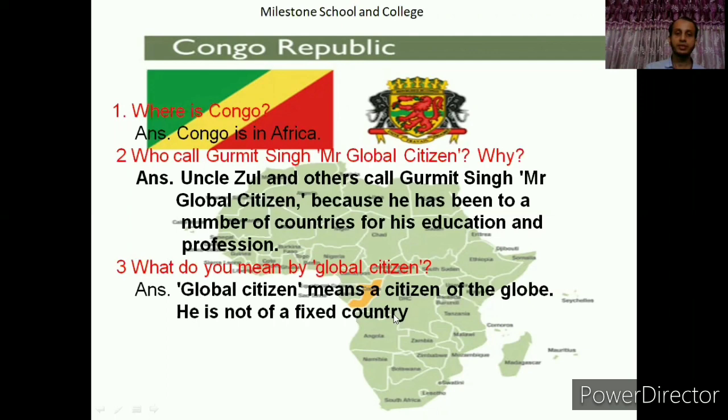He does not have a fixed country. Mr. Gurmeet Singh went to different countries in the world. That is why he has no fixed country. So in this case, we can say Mr. Gurmeet Singh is a global citizen.